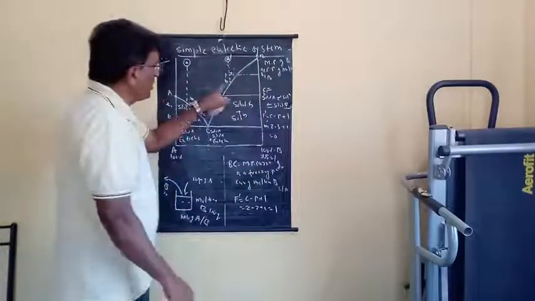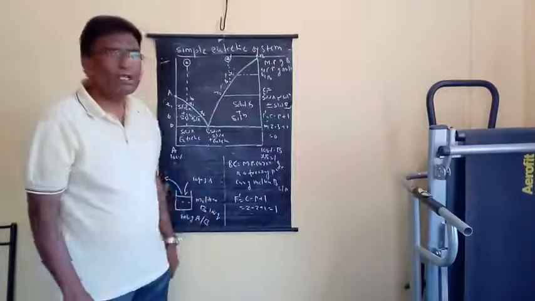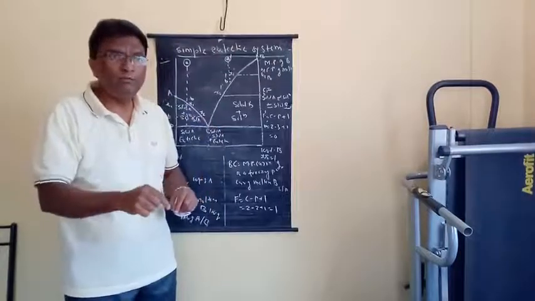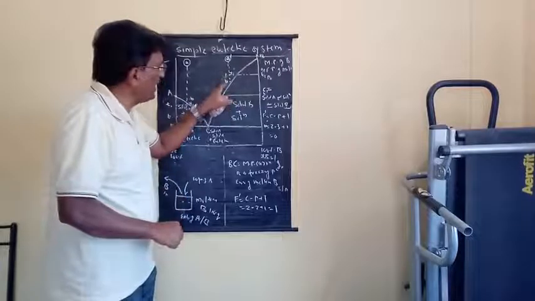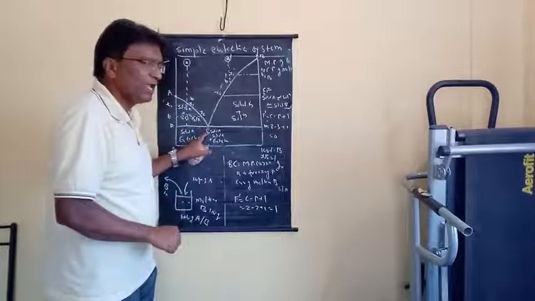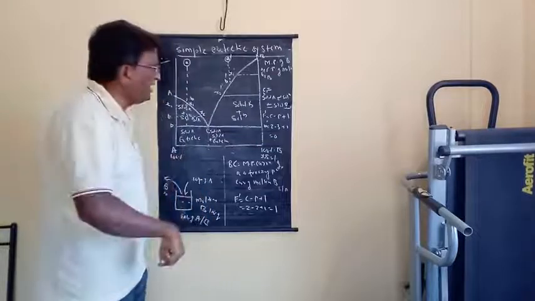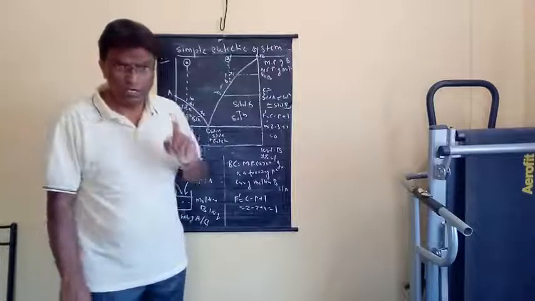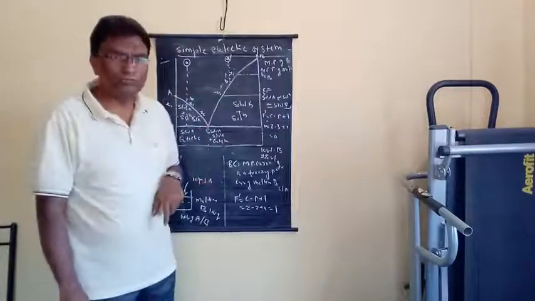As soon as this point is reached, solid B separates out and remains in equilibrium with solution of A in B. On further cooling, we will come across this B dash C curve, and here solid B remains in equilibrium with solution of varying composition, and as soon as point C is reached, solid A also separates out.